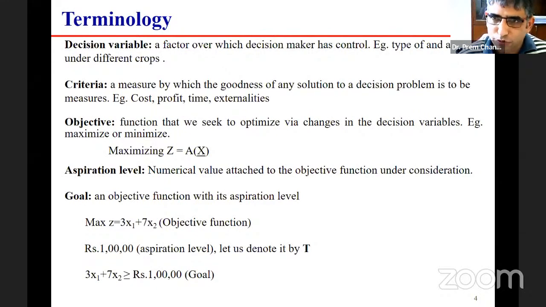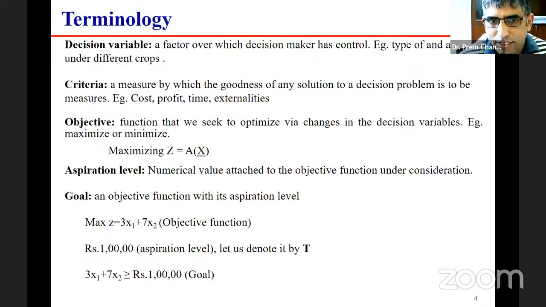These we can decide, but we don't have control over water availability, so that is not controllable. Decision variables are the variables on which we have control, so we can work only with decision variables. Next is constraint.